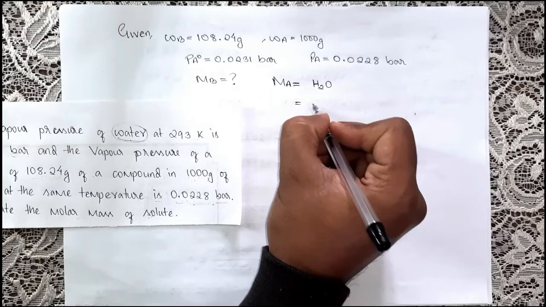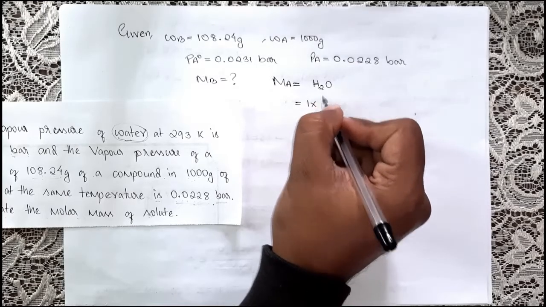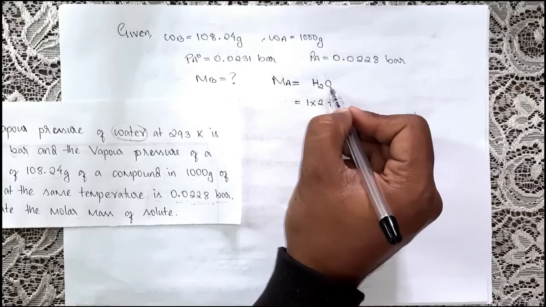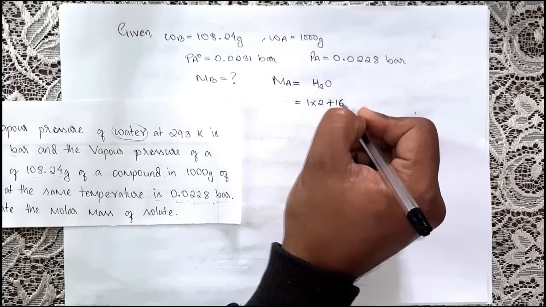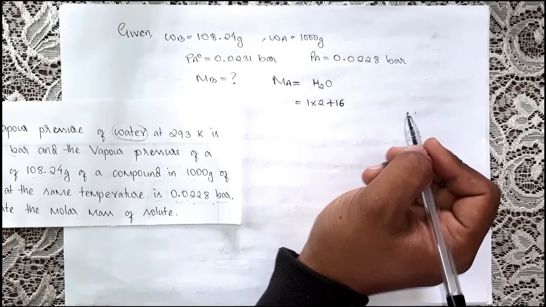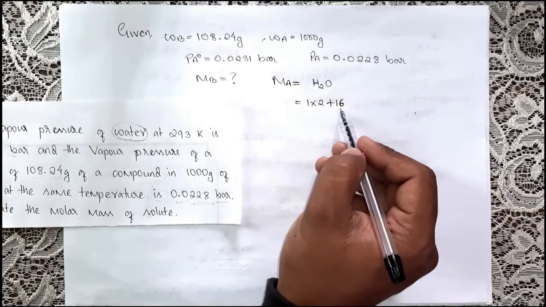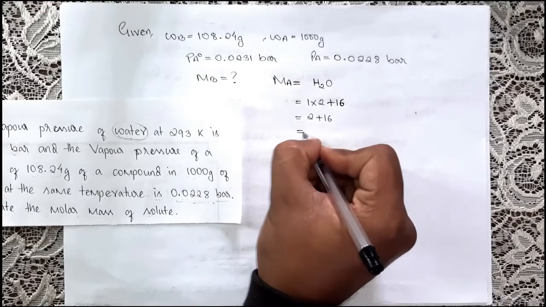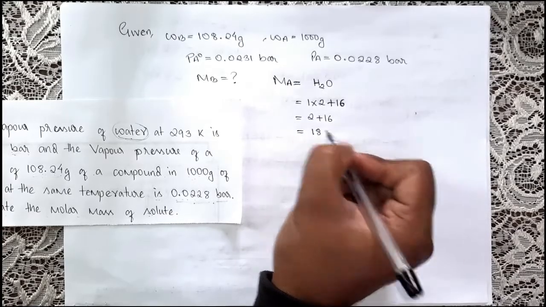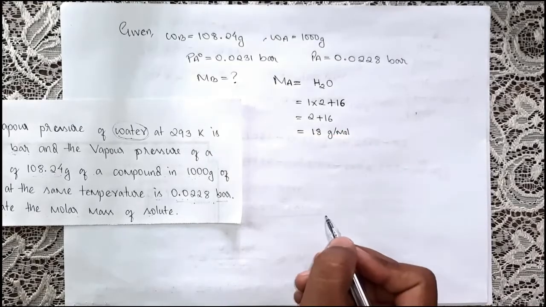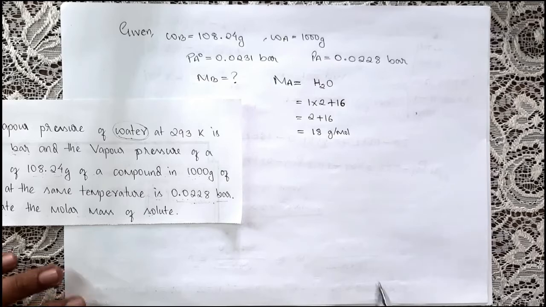So atomic mass of hydrogen is 1. Since there are 2 hydrogen, you multiply with 2, plus oxygen. Oxygen atomic number is 8. So if you multiply with 2, you get 16. As I've told you earlier, for some elements, if you multiply the atomic number with 2, you can get the atomic mass. So atomic mass of oxygen is 16. So you'll have 2 plus 16, so you'll have 18 gram per mole.